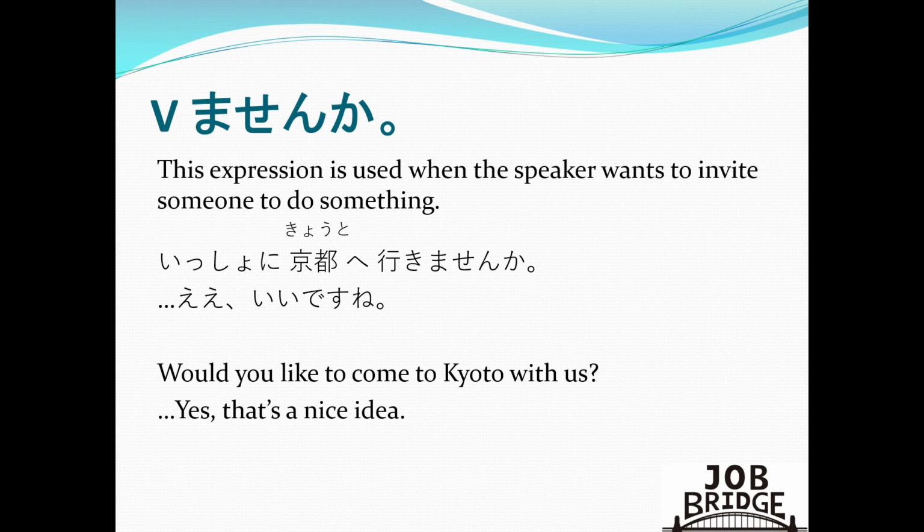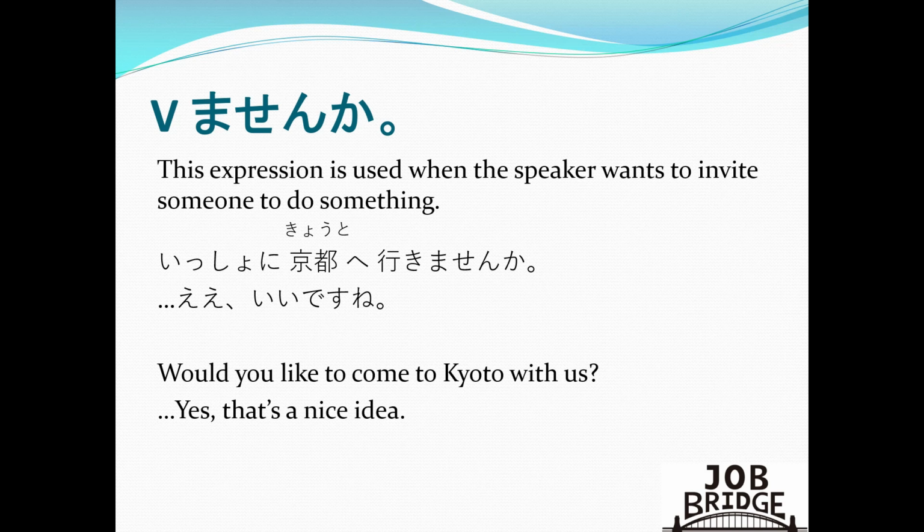It is because Japanese people are known to be very polite, and they don't want to impose anything even if they're inviting you to join them to do something. That is why they use the negative form of the verb, so that you can refuse anytime.